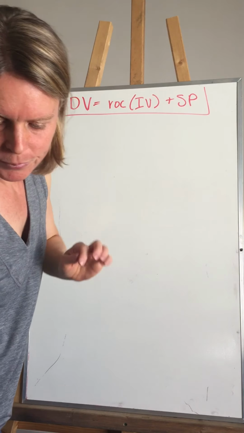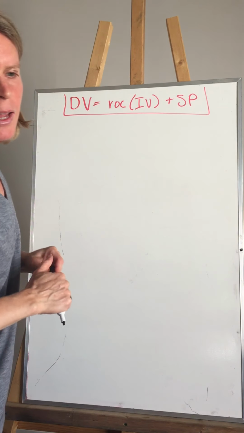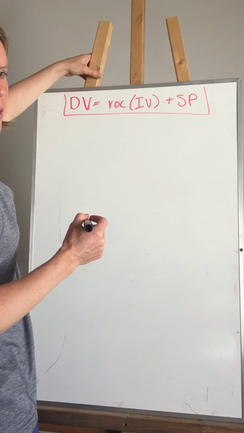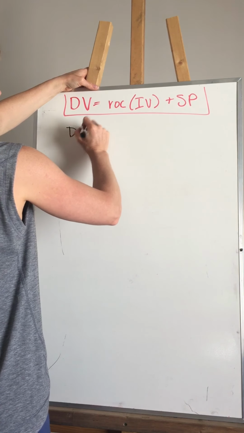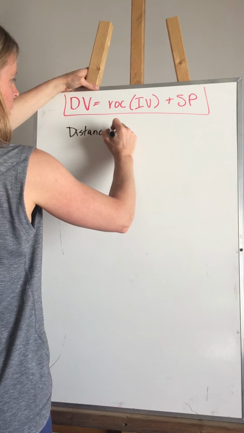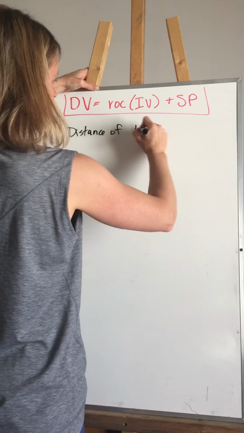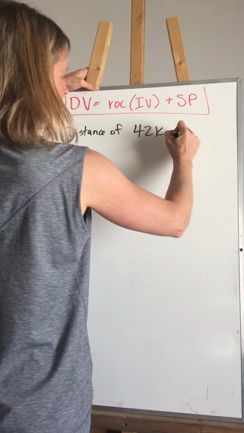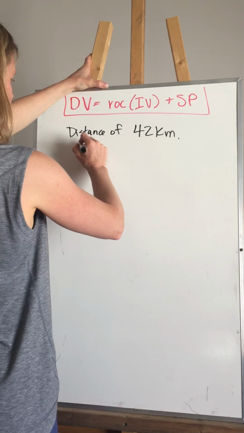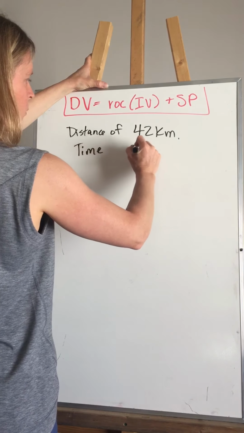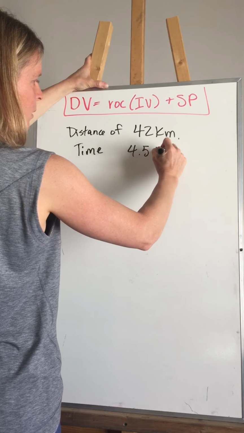Okay, so the next question says, Zach and Sebastian ran a marathon. So I'll just write down the distance. They ran a distance of 42 kilometers, which is a marathon. It took them 4.5 hours.